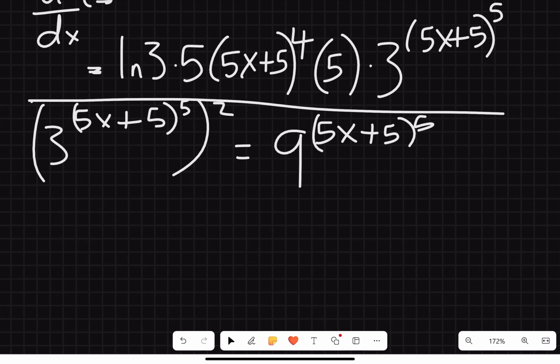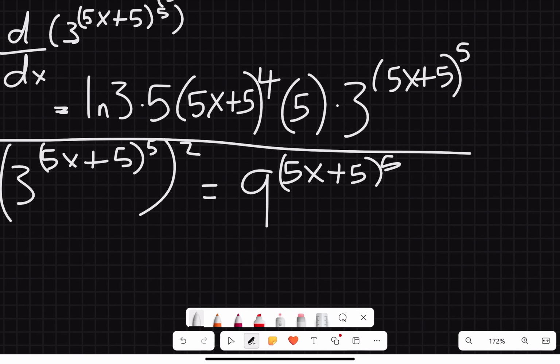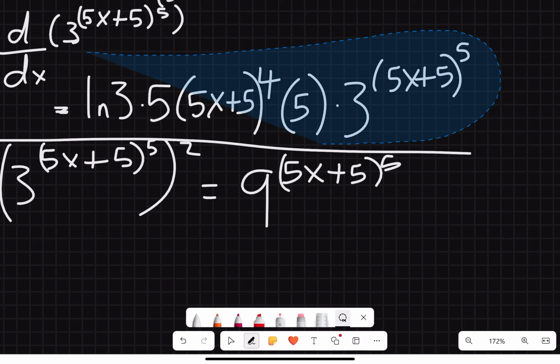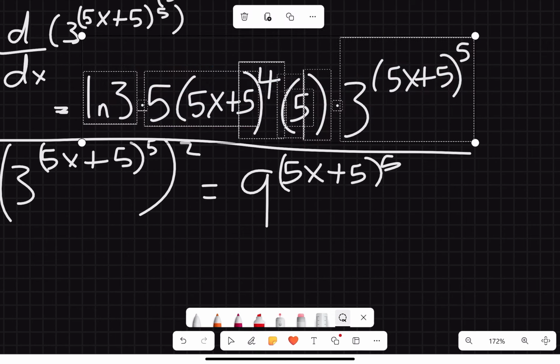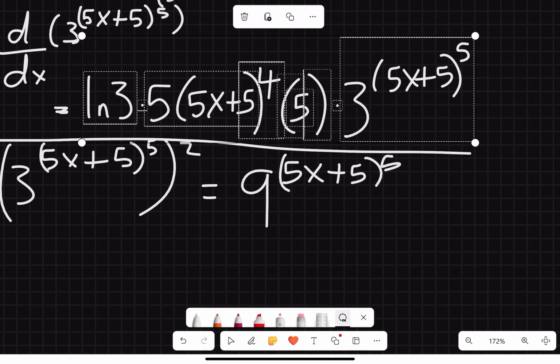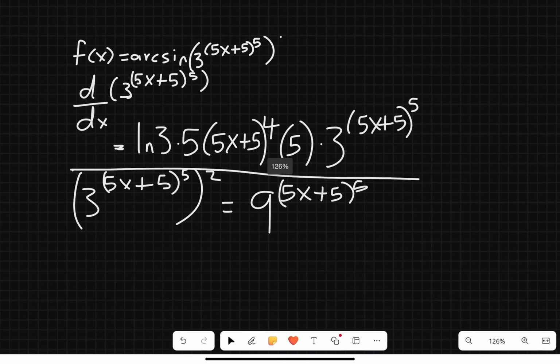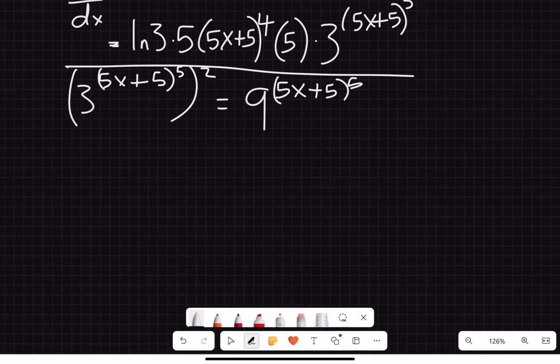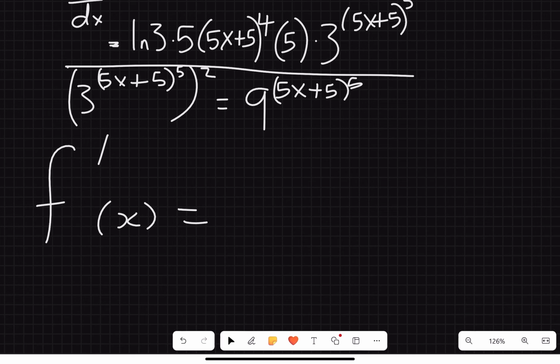Right. So let me just select this to save time. We're going to need this from here up until here. That is our numerator of the function. So let's see, what was our function? Our function is f of x. So the derivative of f of x is going to be equal to, okay, let's paste that here.